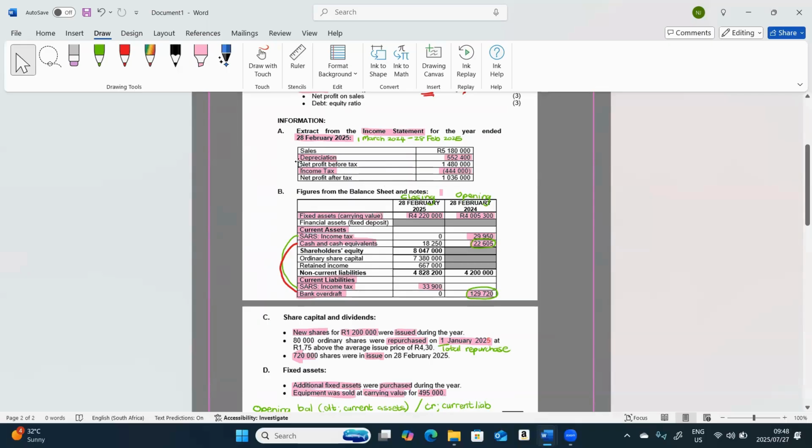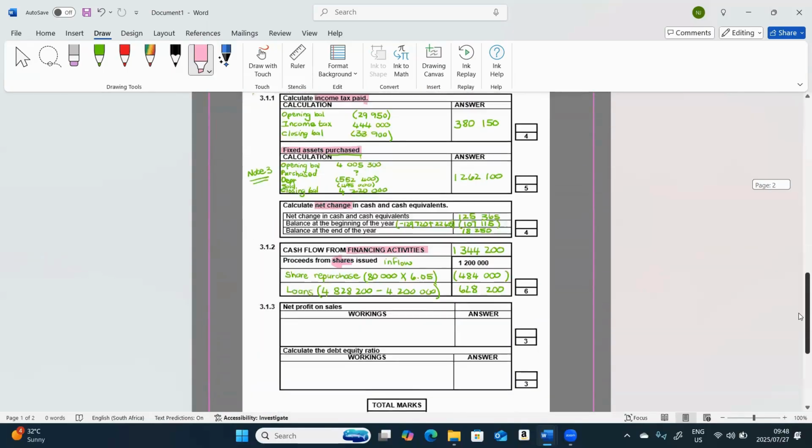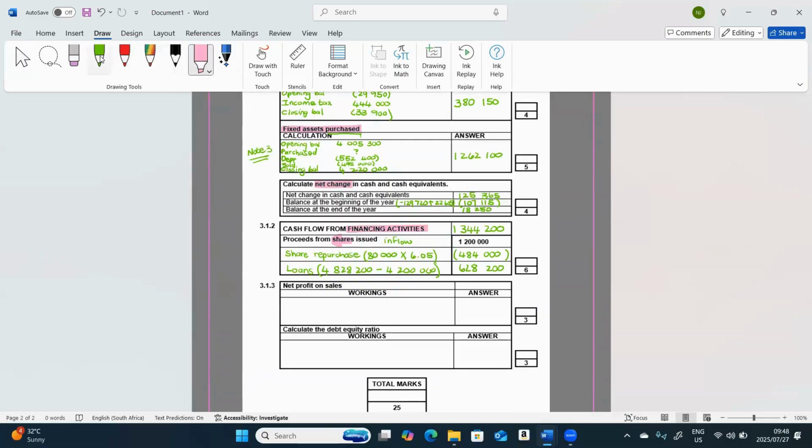Please remember you can use either one of these two, but I'm just going to use the net profit after tax. Let's quickly write that down. We are using the 1,036,000 Rand. And it's going to be over, guys.